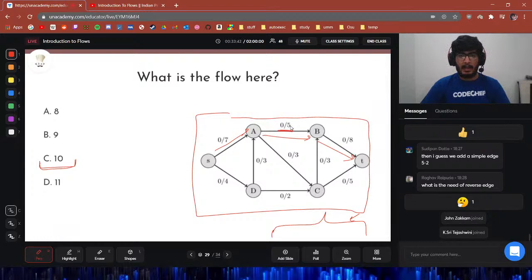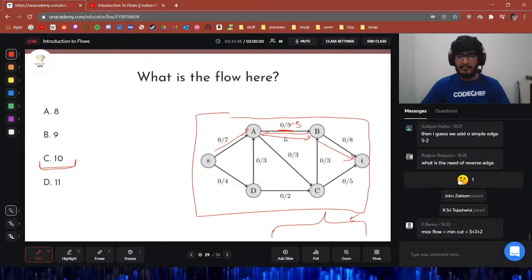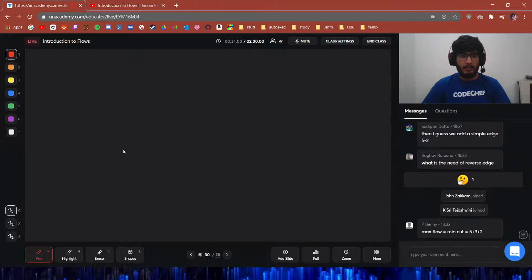So let me subtract 5 from here, and the reverse edge is going to have 5, right? Max flow is equal to min cut. That is also true, but let me represent this, actually let me make a new graph, right, with the reverse edges.